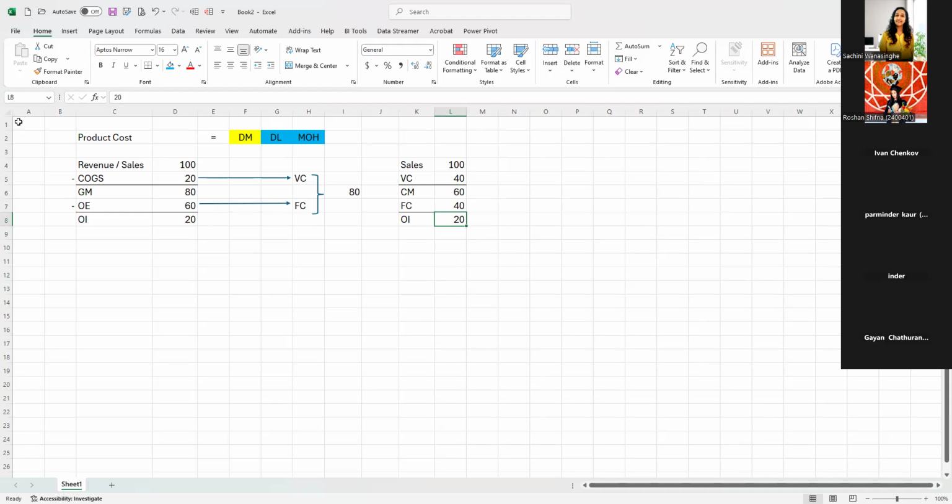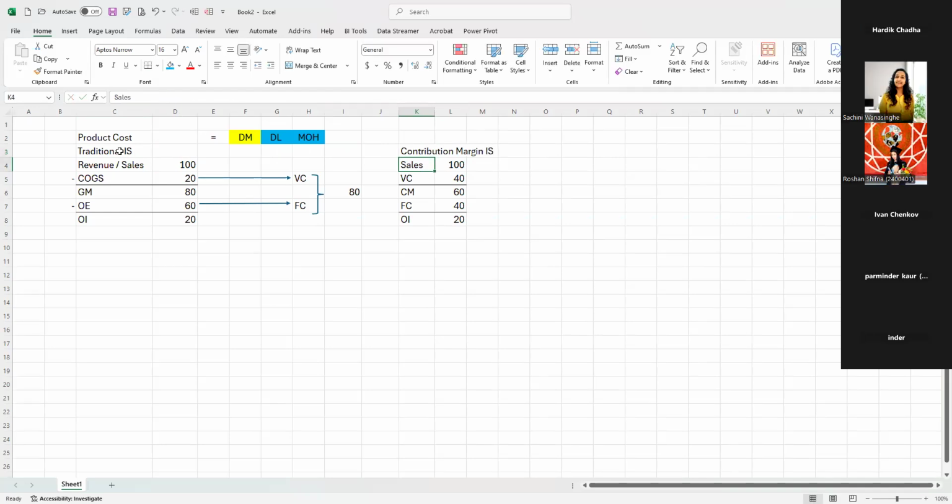That's how we're moving from the traditional income statement. This one is called the traditional income statement, and this one is called the contribution margin income statement. This is the one we use for management purposes.